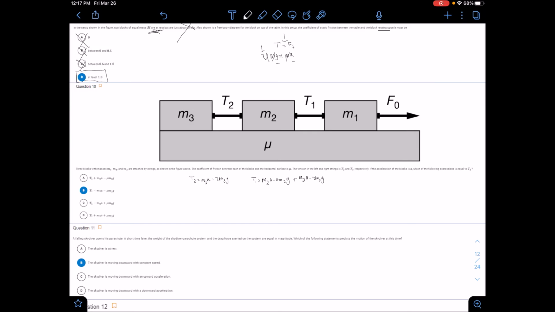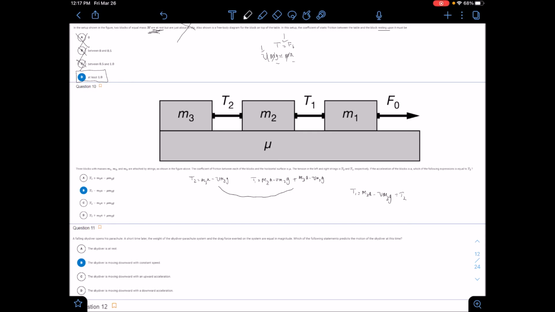And so what this tells us is that we can substitute this into this equation. Actually no, we know that T1 is equal to M2a minus μM2g, which is also equal to T2. This is an alternative form.